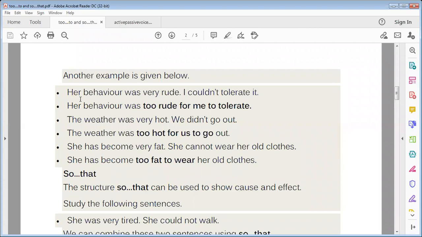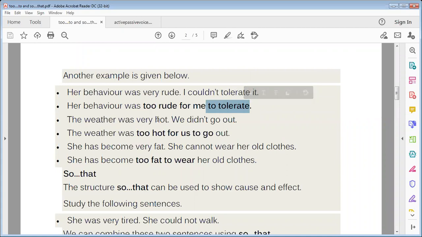See again. First sentence is, her behavior was very rude. So instead of very, we are going to write too. Her behavior was too rude. What is the second subject? I'll write for me. Her behavior was too rude for me. And just select the verb from the second sentence, tolerate, and you are going to write it in infinitive form, to tolerate.